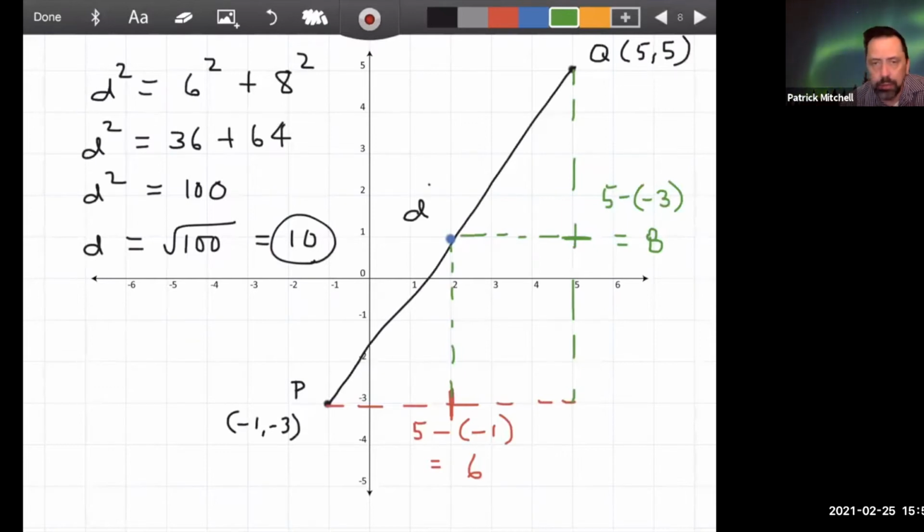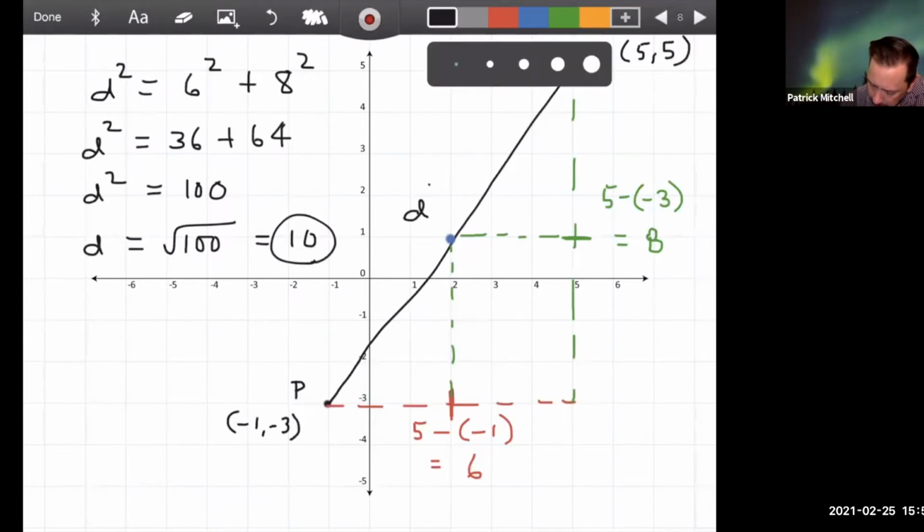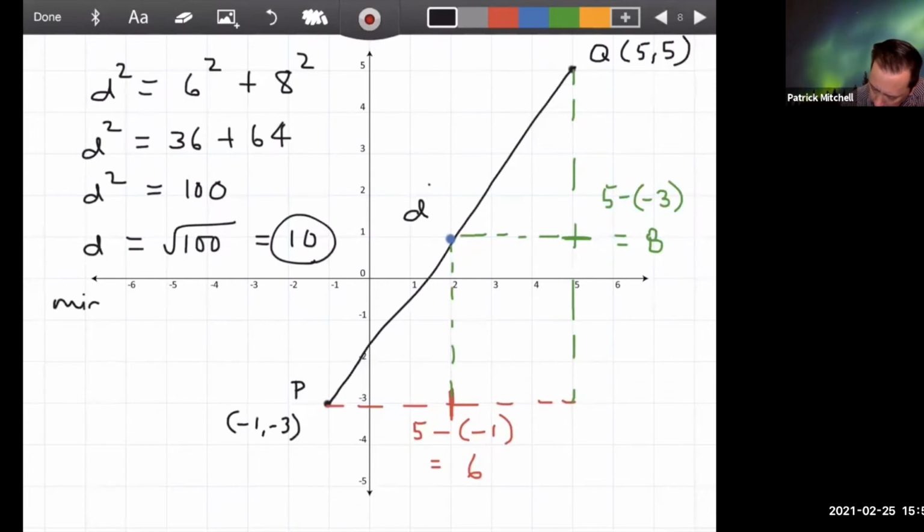So let me show you the formula. By the way, I kind of hate to leave this without answering it. So let's just write in what we just said. So for the midpoint, we're saying we think we should average the x's to get the new x. The two individual original x's were -1 and 5. So remember, to take an average, you just add them together and divide by 2.